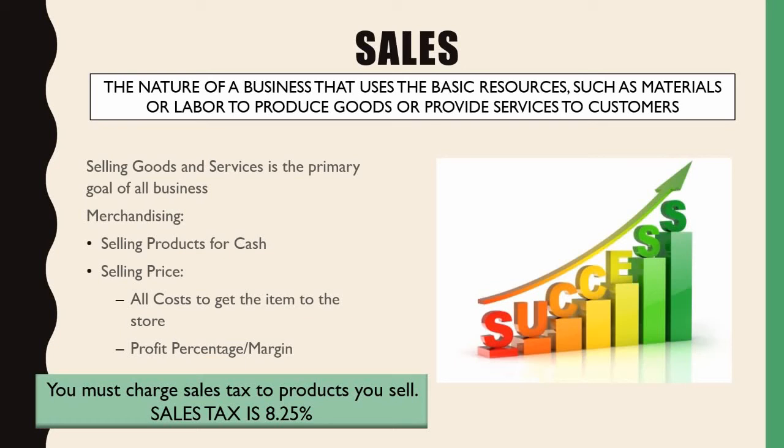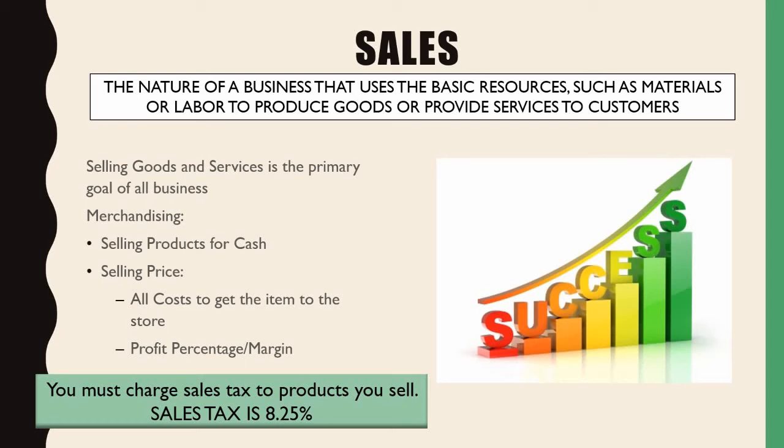We want to make some kind of profit, earn some money, but at the same time minimize our expenses. We're going to sell our product for cash, and usually two factors contribute. One portion is the actual cost it takes to obtain the item, which is exactly what we did yesterday when we calculated the cost of the item.